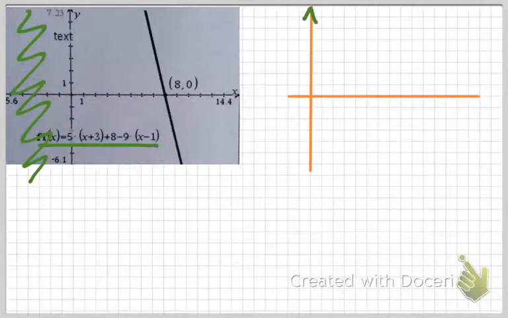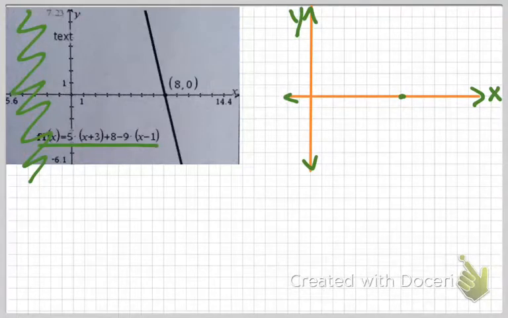So put a little arrow at the ends of your axes, label this X, label this Y, and we're going to go out. This one's actually going to be easier to do. 1, 2, 3, 4, 5, 6, 7, 8, because we just have one point to consider and one line to graph.